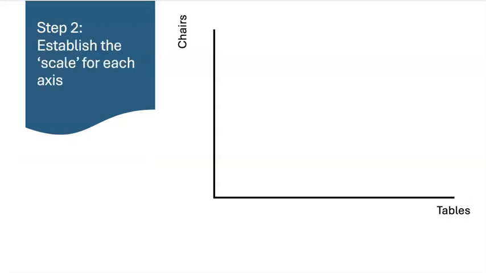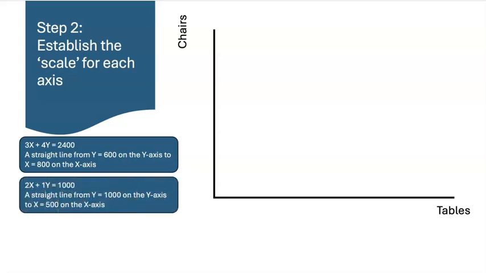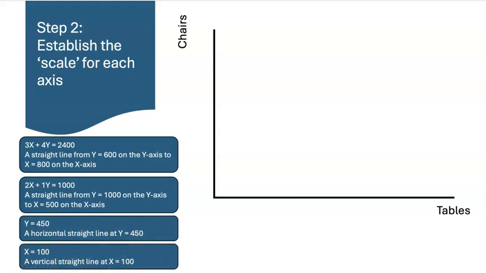Next, we establish a scale, and I'll put scale in quotation marks because technically we just want to know how to label, how to number the axes. So we look at the lines that we're to draw. The first line has y equals 600, x equals 800. The second one, y is equal to 1000, x is equal to 500. The third one, y is just 450. And the last one, x is 100.